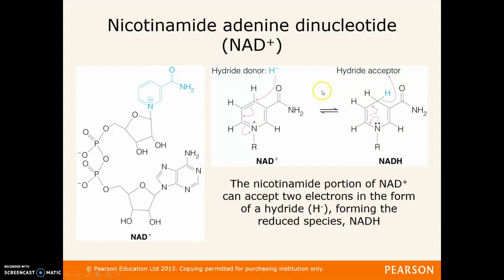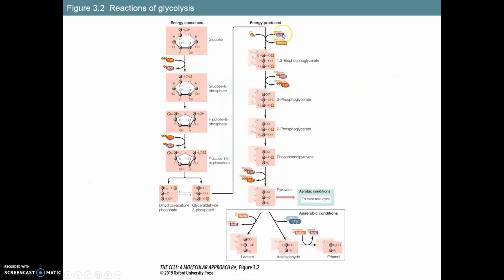So coming back here, we strip a couple of electrons. This now takes G3P and turns it into this 1,3-bisphosphoglycerate, which now has two phosphate groups. We then can pull off one of those phosphate groups and regenerate ATP.